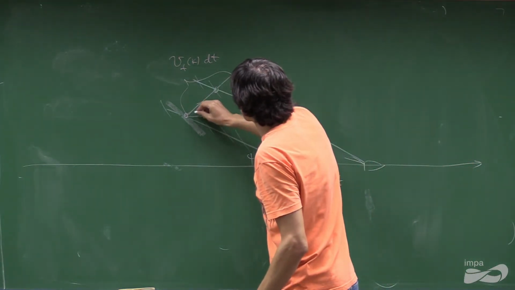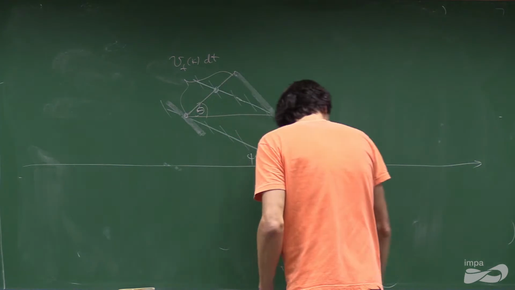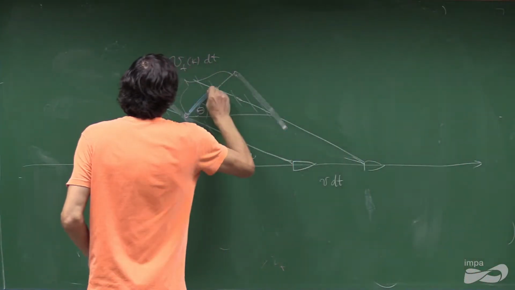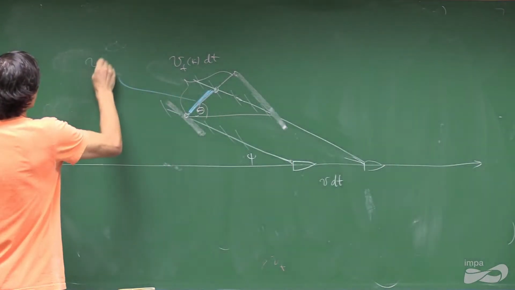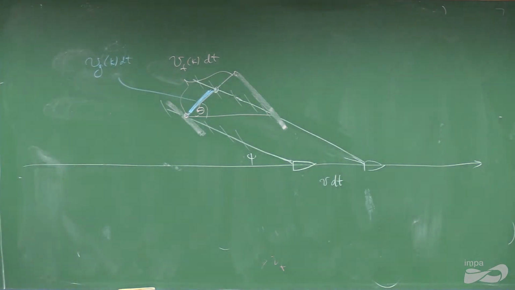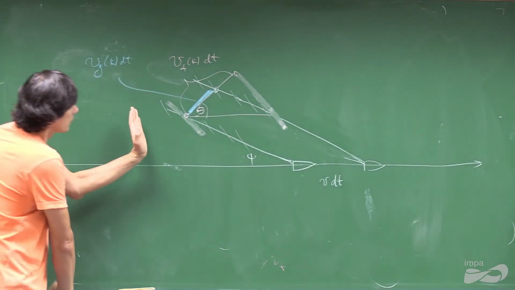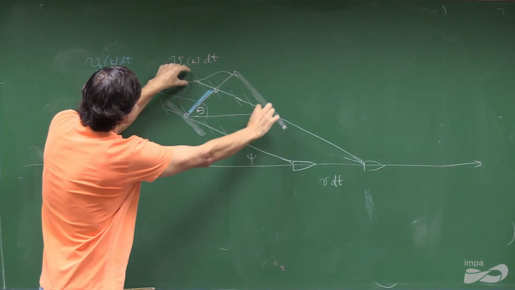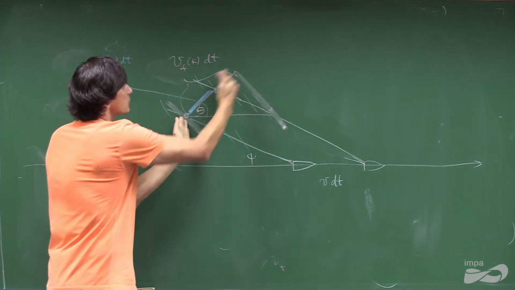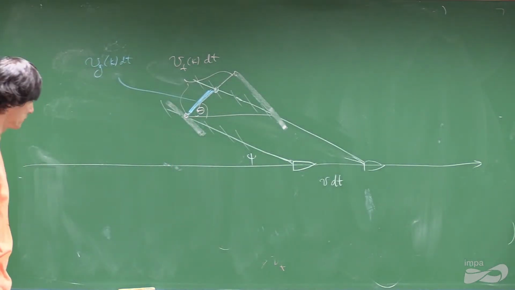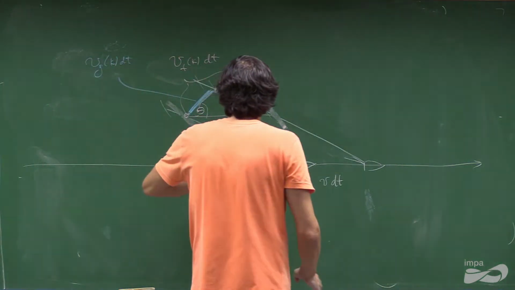That means this should be group speed times dt, because a given wave number moves with the group speed, but the crest moves with the phase speed. And actually that's it.